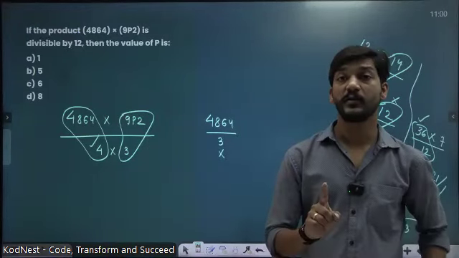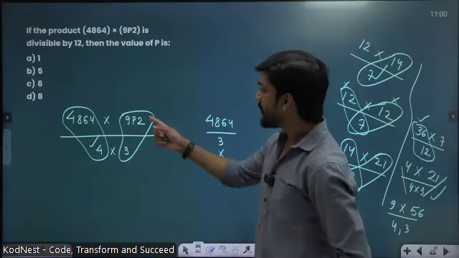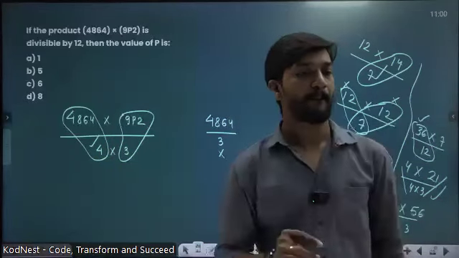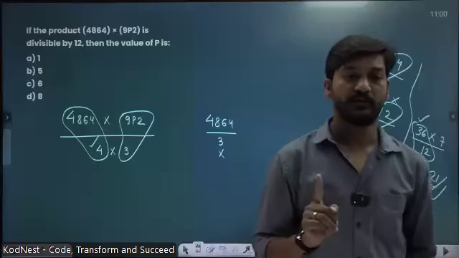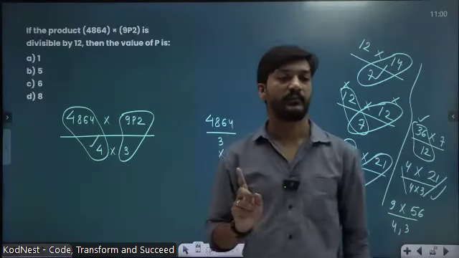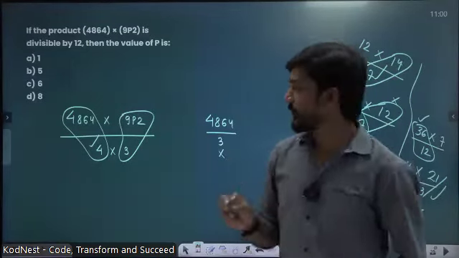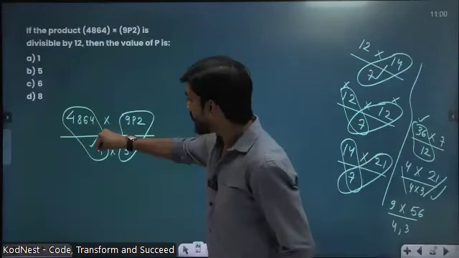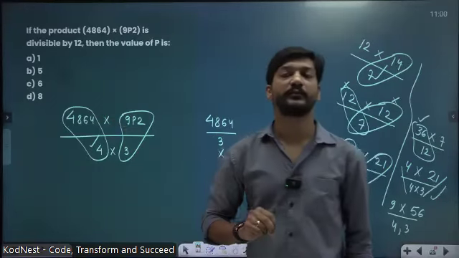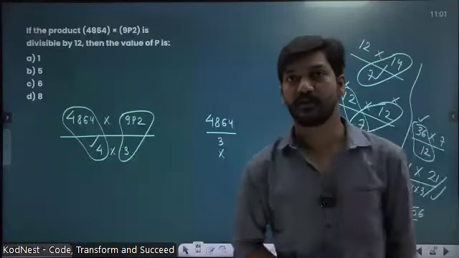Will you say it should be divisible by 4 also? Is it a boundation, that this should be divisible by 4 also? No, because already this is divisible by 4. So no boundation. This is divisible by 3, this is divisible by 4. Suppose I am saying, suppose.